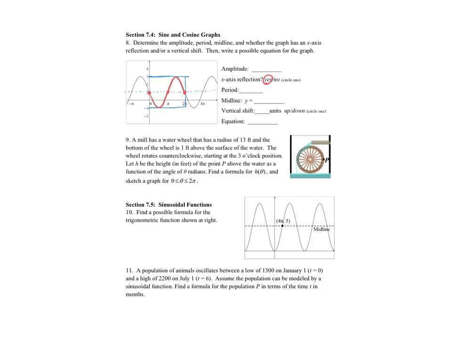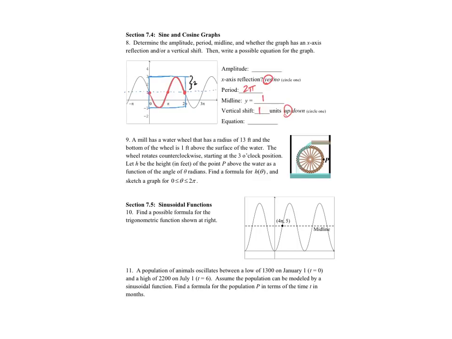The period, I can see that it completes one period in 2 pi radians. And the midline is y equals 1. The vertical shift, it's shifted up 1 unit. And the amplitude, from the midline to the maximum, is a length of 2 units.